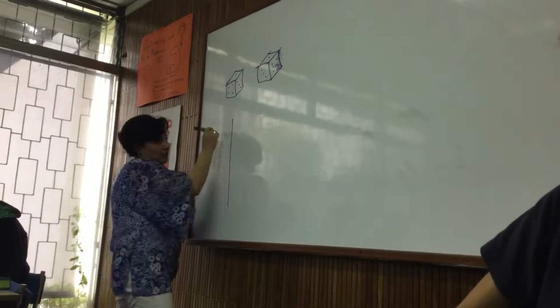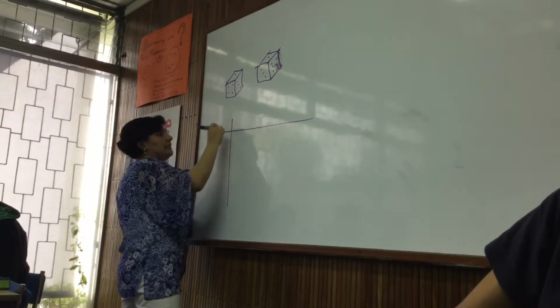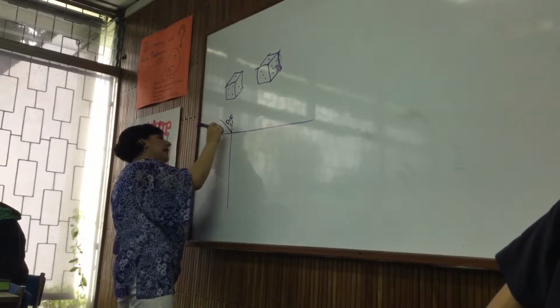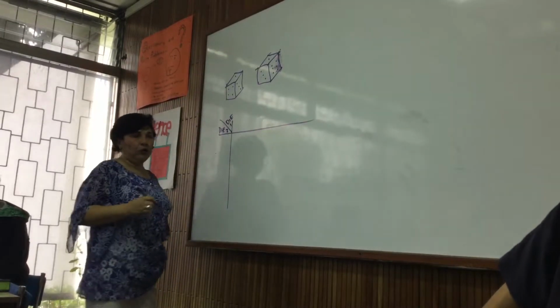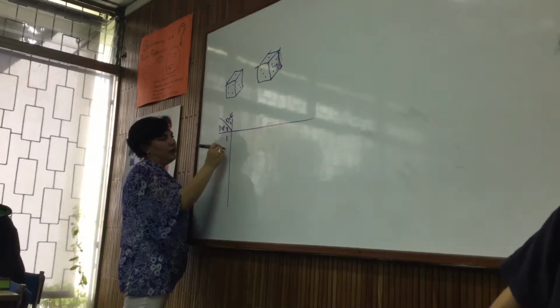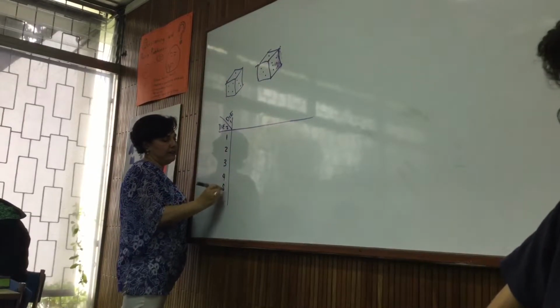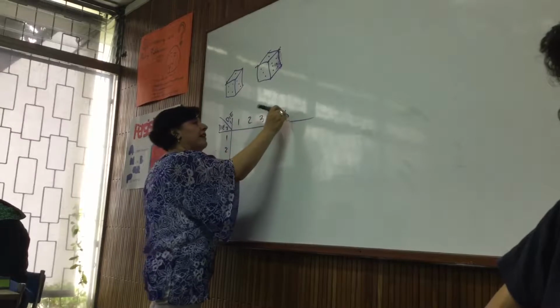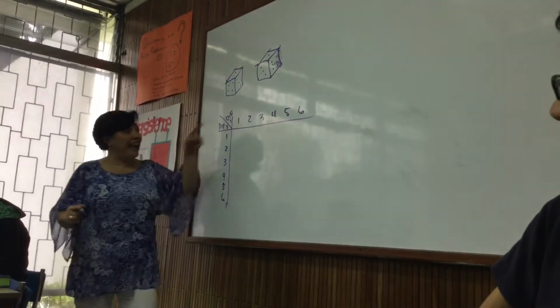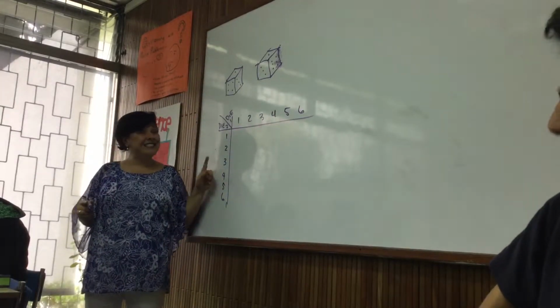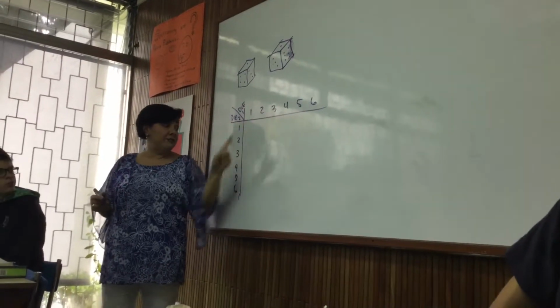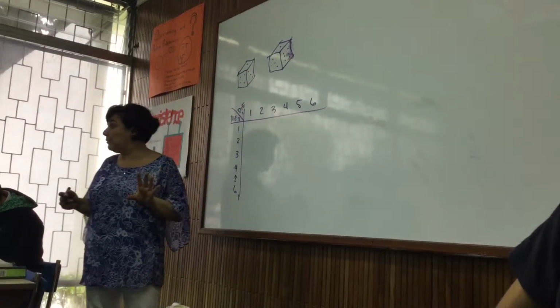So this is die 1, and this is die 2. For die 1, I have 1, 2, 3, 4, 5, and 6. For die 2, I have 1, 2, 3, 4, 5, and 6. So even though I have a 3 here, it is not the same as this 3 here. Would you agree? And this 4 is different than this 4, and I have different numbers for both of them.